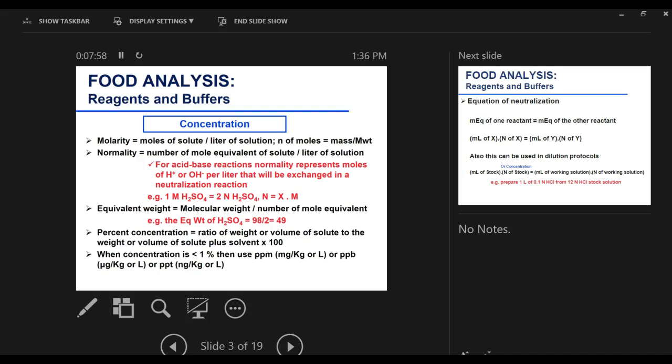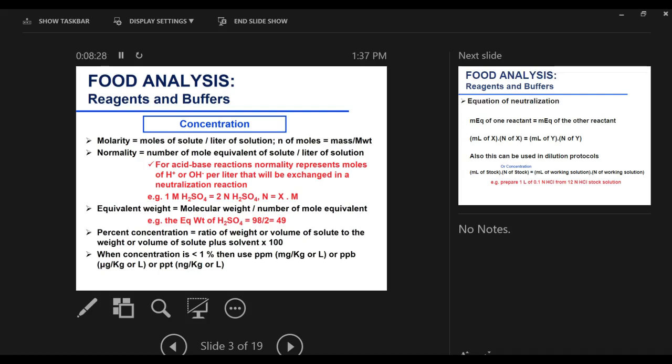Normality is the number of mole equivalent of the solute. Getting a little bit more complex here. Mole equivalent of the solute per liter of solution. And what we mean by mole equivalent, if it is an acid-base reaction, it's the easiest, is how many hydrogens we have or how many hydroxyls we have. So, for instance, you have H2SO4, sulfuric acid, you have 2 hydrogens.